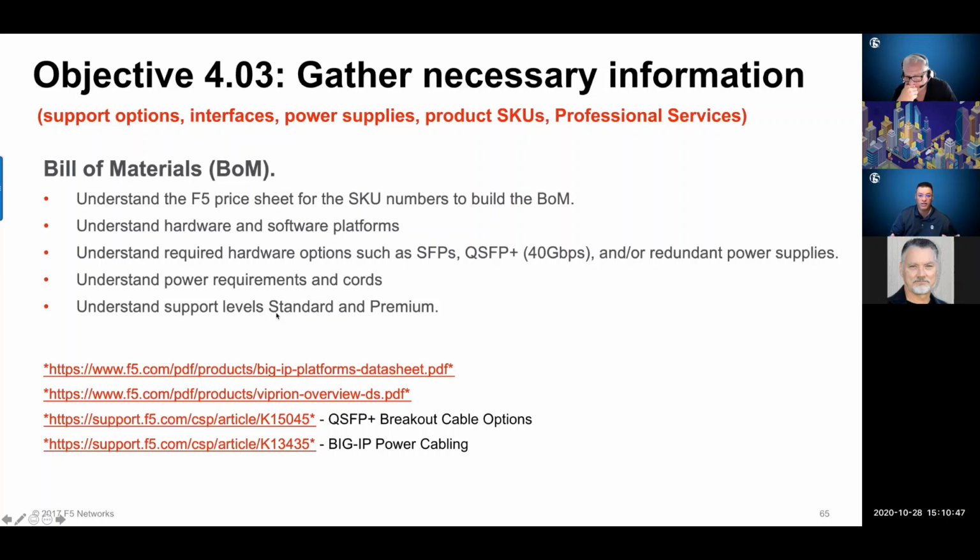When you're creating a bill of materials, sometimes the customer might not need premium support because if they want to be more cost effective, maybe they can just wait until the next day. Standard support is 8x5, business days. But if they need 24/7, then you want to consider positioning premium support for them. And those have 2 different pricing models too. We won't show pricing on this exam, but this is just an overview of what things you want to consider when you build a bill of materials.